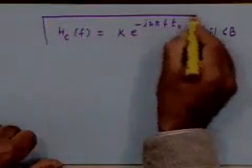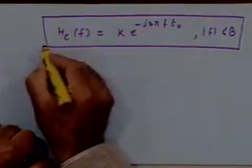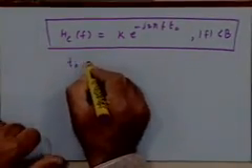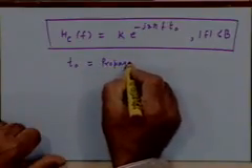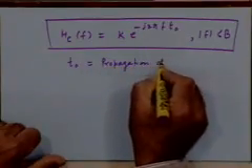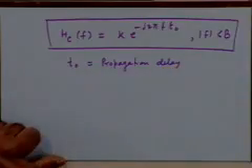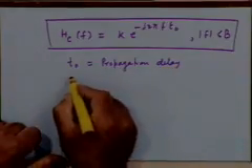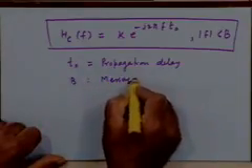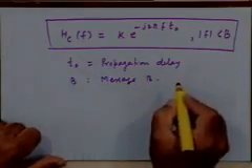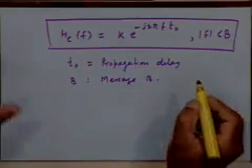That's our condition for distortionless transmission, right? Here t0 denotes the propagation delay, and b here is the message bandwidth, and k is the attenuation constant, right?